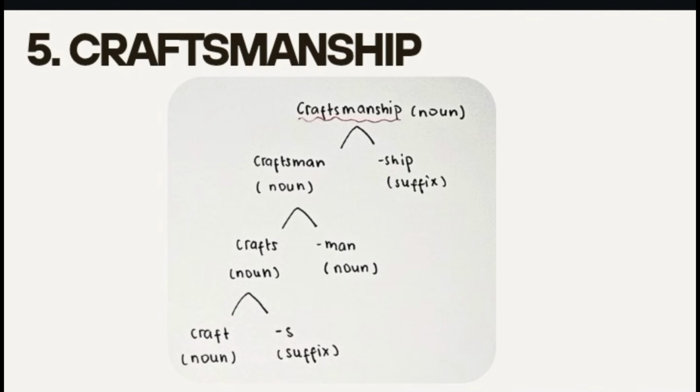After we get craftsman, we then add the suffix ship. Ship is a bound derivational suffix used to create an abstract noun. So, craftsmanship refers to the skill or quality of a craftsman. In the tree diagram, you can see how each part is layered to build the final meaning.